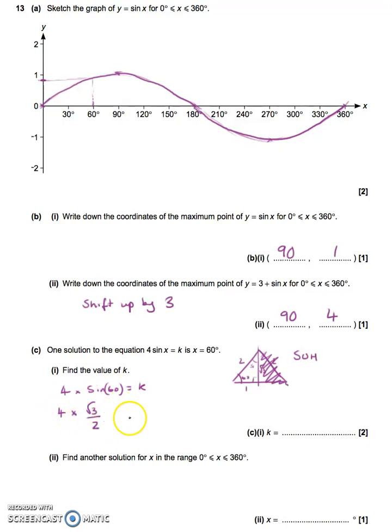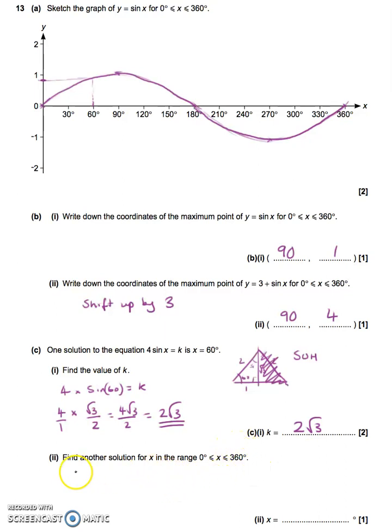If you do 4 lots of root 3 over 2, that's 4 root 3 over 2, which you can simplify by dividing 4 by 2 to get 2 root 3. So we found the value of k because we know sine 60 is root 3 over 2. The value of k is 2 root 3. So a little bit tricky.